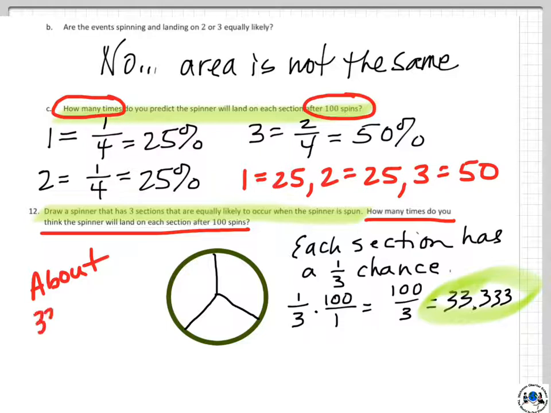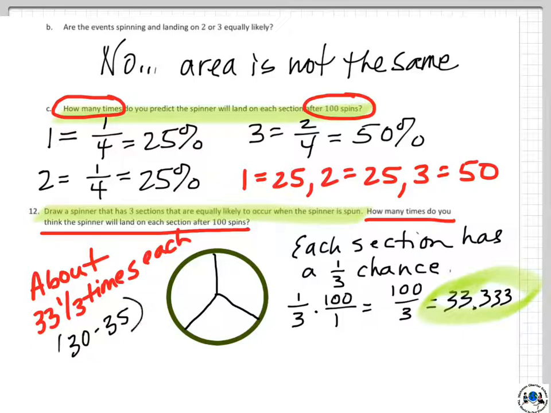So when you get something like that, if you say about 33 and 1/3 times each, you don't want that sloppy, messy fraction in there. So use a range. From probably 30 to 35 would be a safe approximation or prediction. If you did anything that looked remotely like that, that is super.